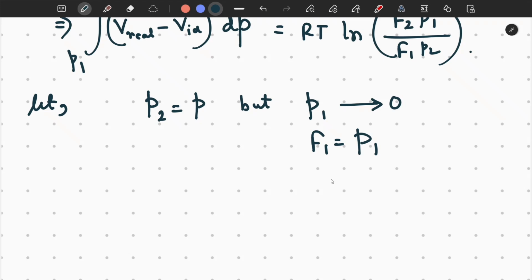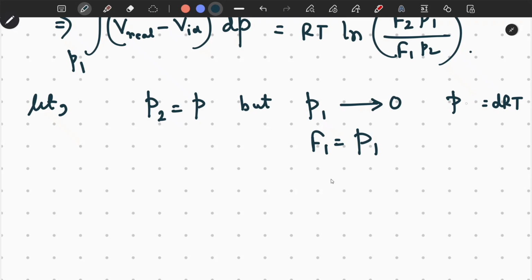How can you write it? For an ideal gas in general, PV equals nRT, and it is n by V. n by V means N by capital N. So P equals density times RT.